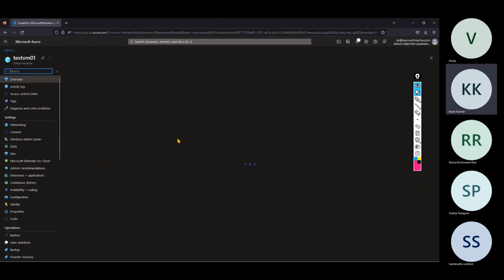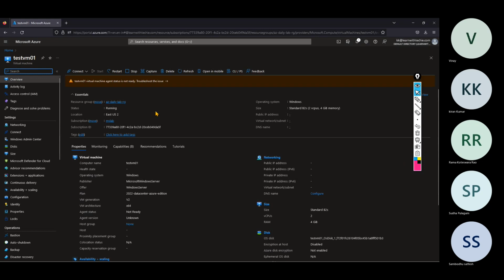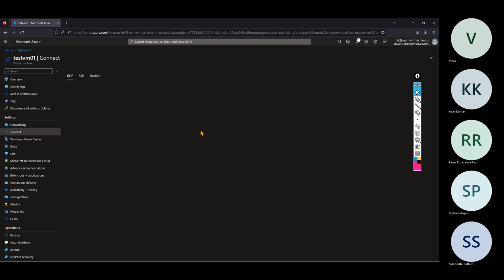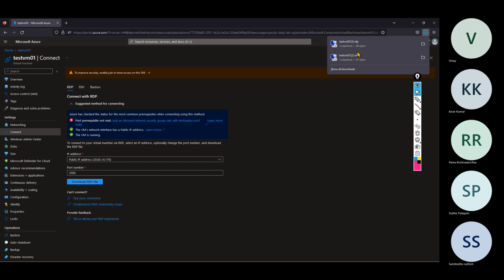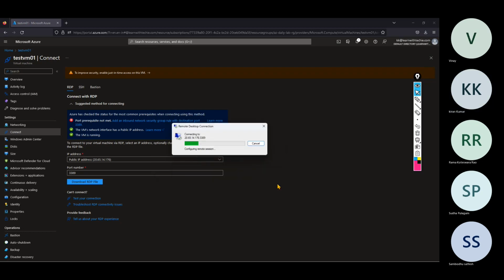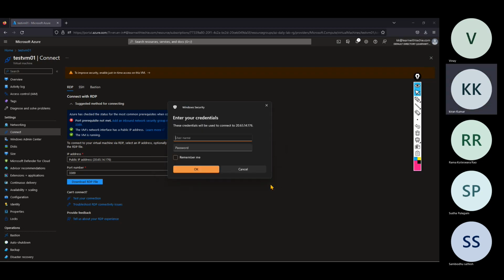Satish, are you there? What about Sudharani? Yes, we can take. Okay, so I'm trying to take the RDP of this virtual machine.